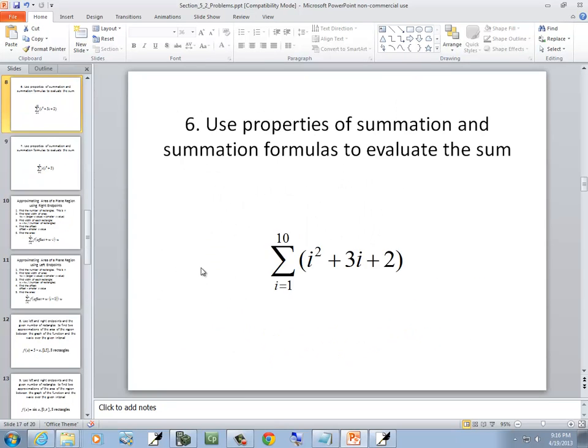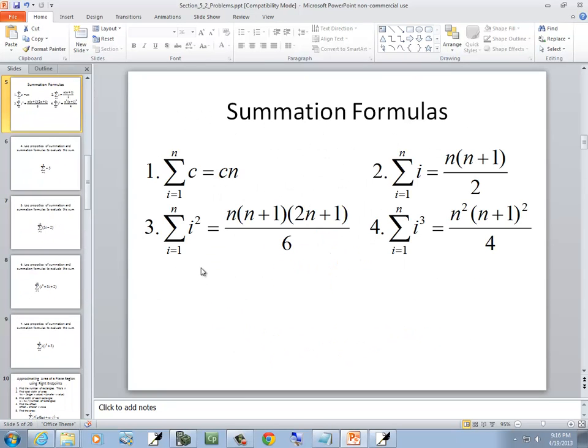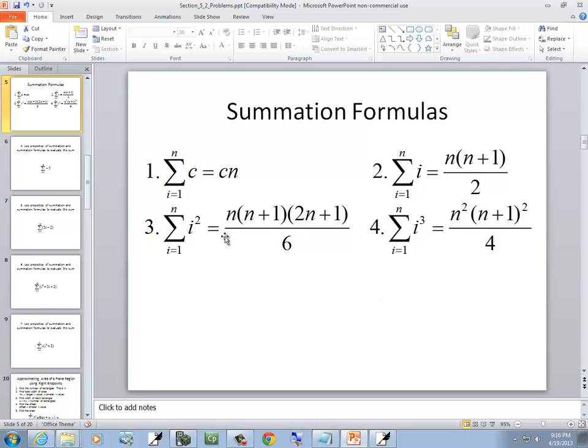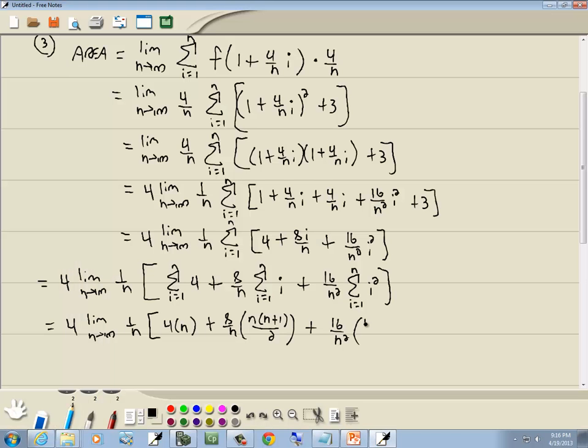Let's see, i, that's our second one, n times n plus 1 over 2, plus 16 over n squared times the summation of i squared. i squared was our third one, which is n times n plus 1 times 2n plus 1 over 6.